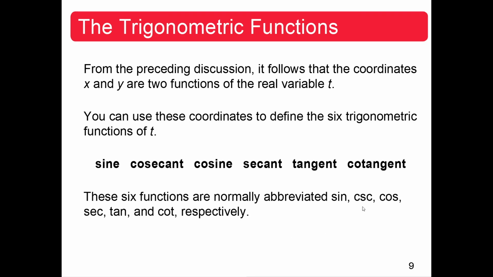They are instead abbreviated: SIN for sine, CSC for cosecant, COS for cosine, SEC for secant, TAN for tangent, and COT for cotangent. Out of these 6, the 2 that we're going to work on today are going to be sine and cosine. These are the 2 functions that directly correspond with our x, y values in the point.